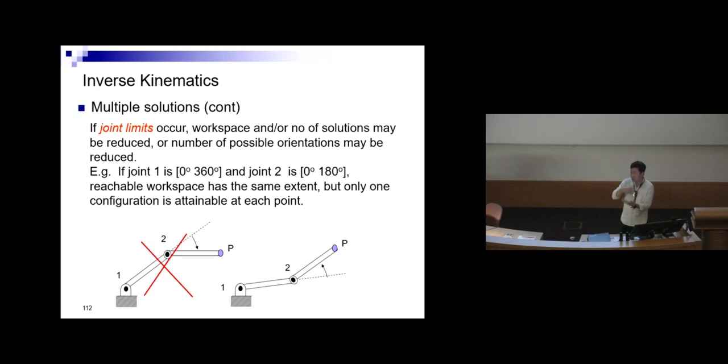Counterclockwise is positive, and clockwise rotation is negative. So 0 to 180 degrees refers to this counterclockwise angle. This is why this is possible and this is not possible, although the absolute angle is less than 180 degrees.